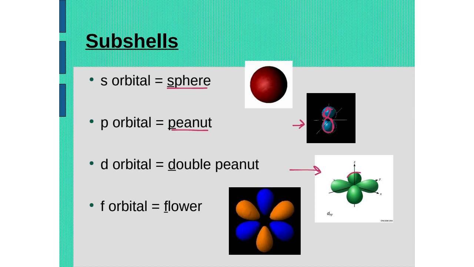So again, here is your one peanut with two lobes, and then right here are the other two lobes of a second peanut. And then the f orbital is given that name for the term flower. You can see that there are many orbital lobes, and that gives it a flower-like pattern.